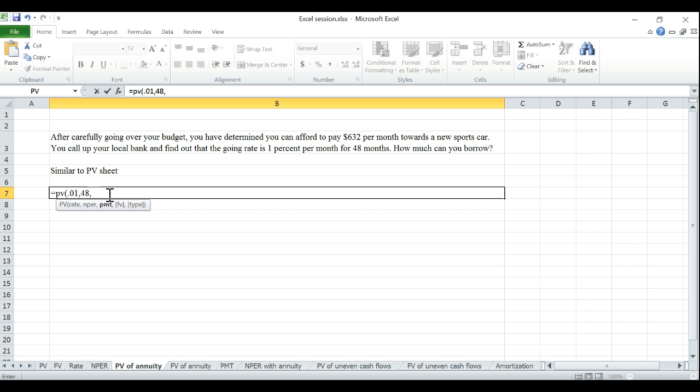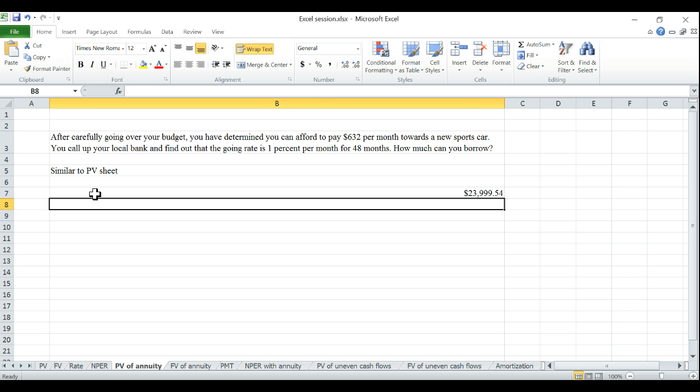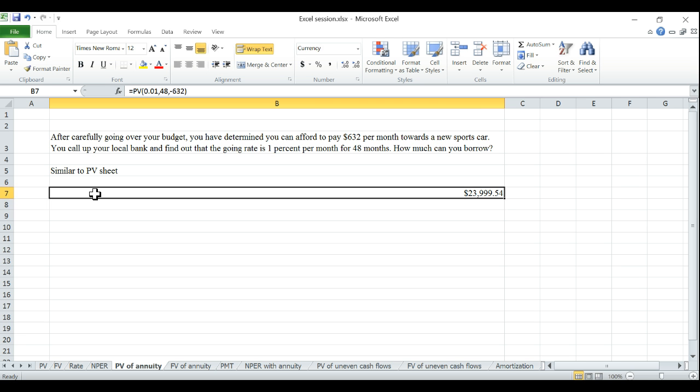Payment, we will be paying $632 every month, so negative $632 going out of my pocket. And we don't want to make any additional payment in the end. We don't want to have a balloon payment, for example, and we don't want to withdraw anything back, basically. So there is no future value, so we just stop, you could say comma 0, or you could just stop the parentheses here and then enter, and it will give you the present value.